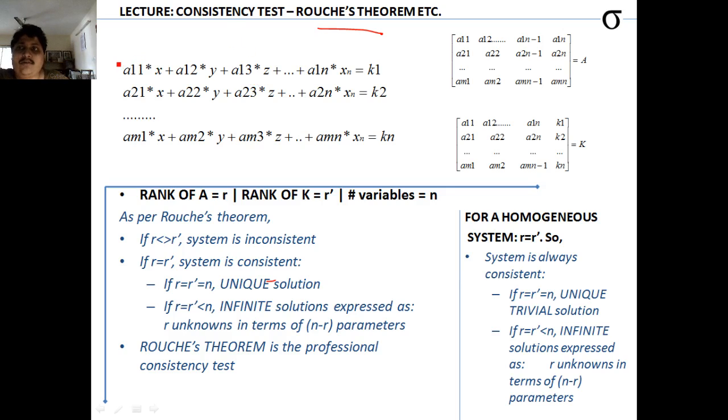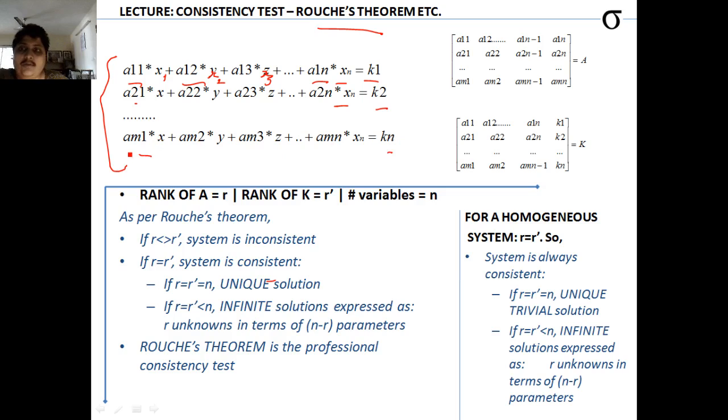Assume that your system of linear equations can be represented algebraically as follows: a11x1, a12x2, a13x3, up to a1n xn equal to k1. Similarly, a21x1 till a2n xn equals k2, and then am1x1 through amn xn equal to km.